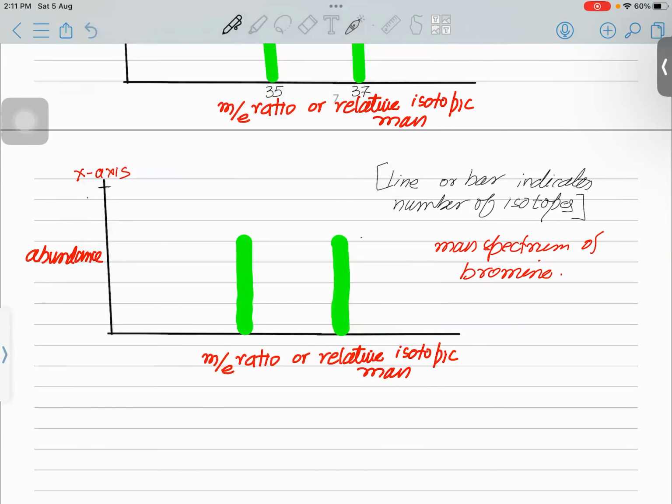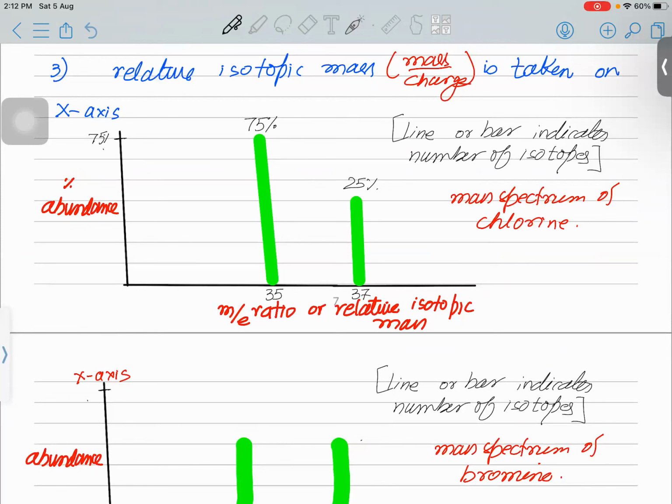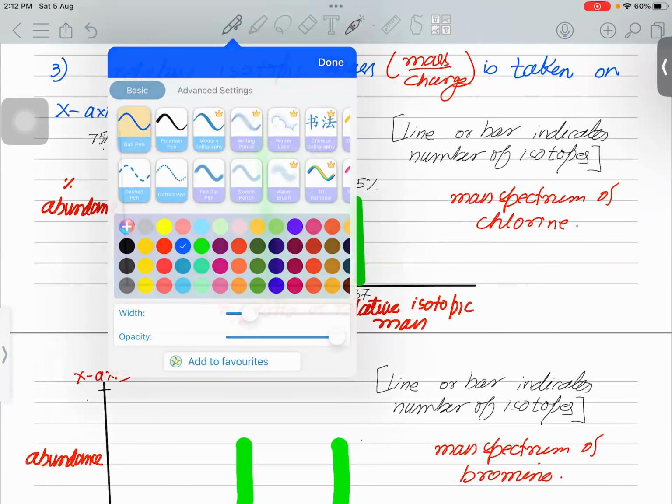Here you have 79 and here you have 81, so both are the same abundance. Are you getting my point or not?